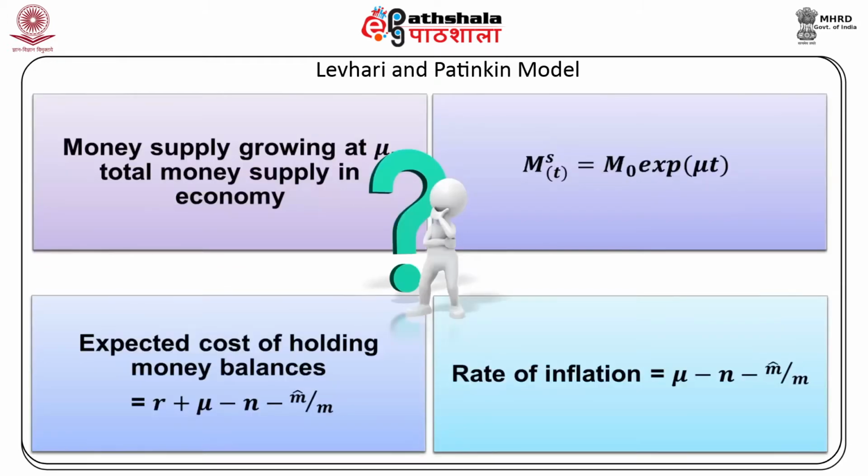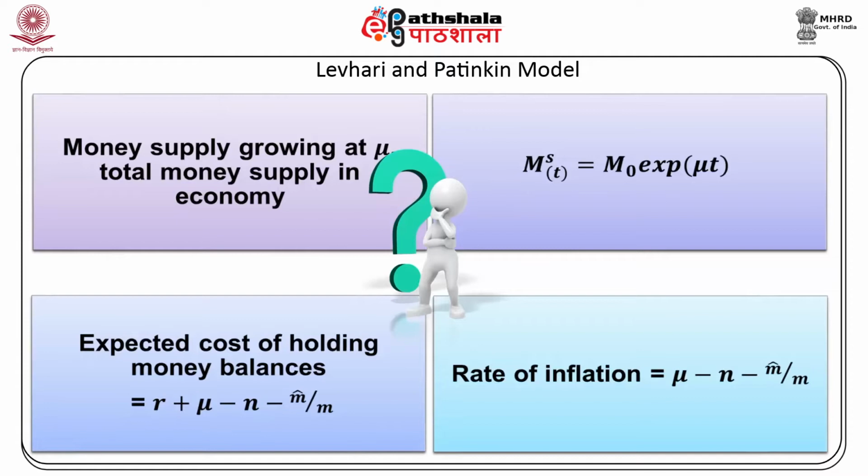Since money supply is growing at rate μ, total money supply in the economy is M_S = M_0 e^(μt). Thus, the expected cost of holding money balances is equal to R + μ − n − m hat/m.